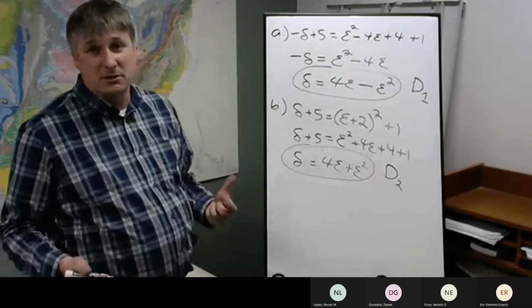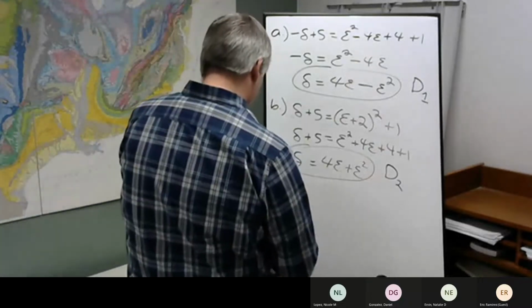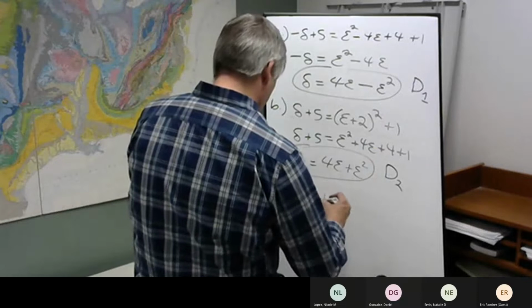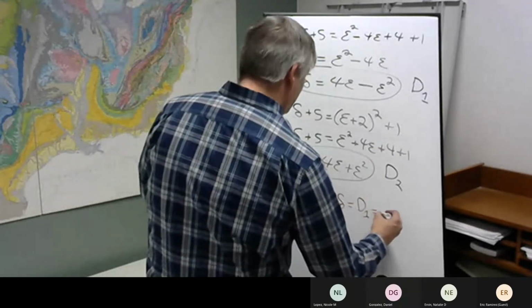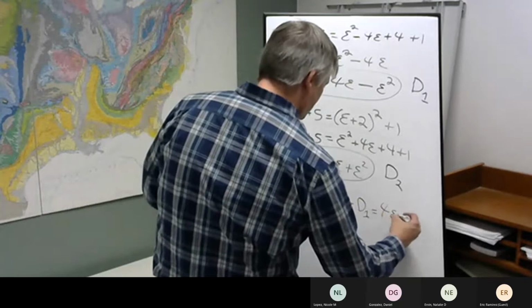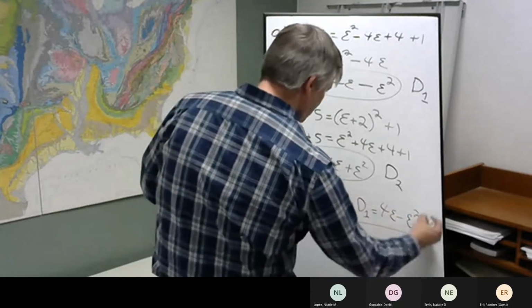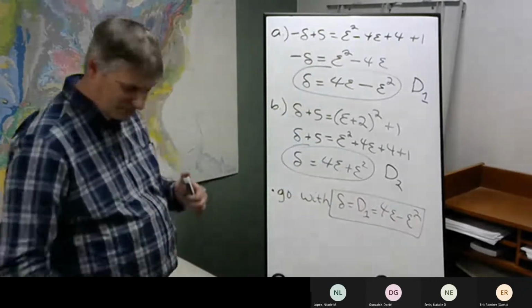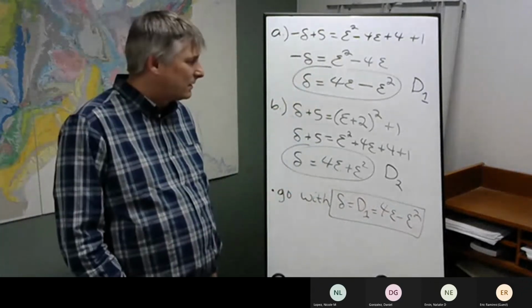So we're going to let delta be the smaller one. And there we go. We found our delta.